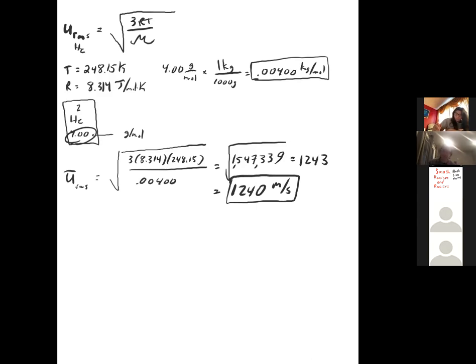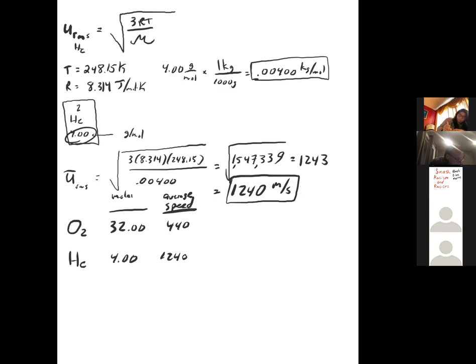So let me make a little table here. So this is the speed. It's the average speed. This is the molar mass. And this is the gas. Take a look at those numbers.